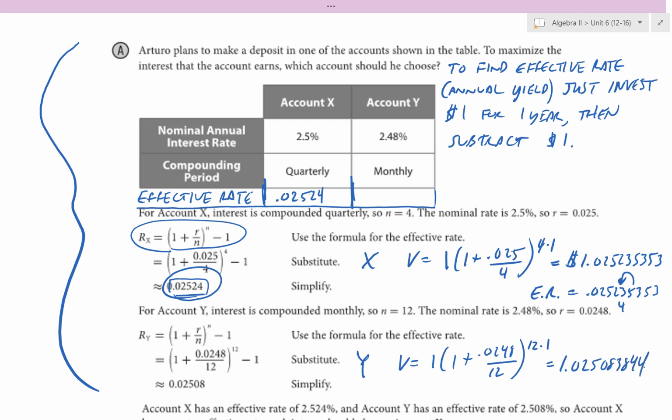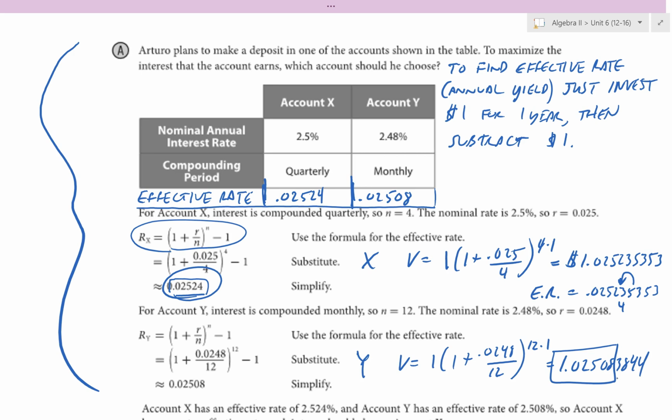If we round that, it is 0.02508, the same answer they got. They just chop it off right there. So investing $1 for 1 year gives you the same answer that they get using their formula.